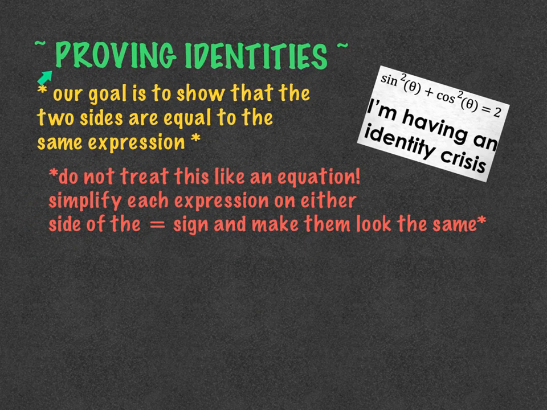Alright, grade 11, so we're going to start proving identities now, and we are not going to have an identity crisis. What we're going to do is, our goal is to show that the two sides are equal to the same expression. So I'm meaning the two sides from the equals to sign, right?